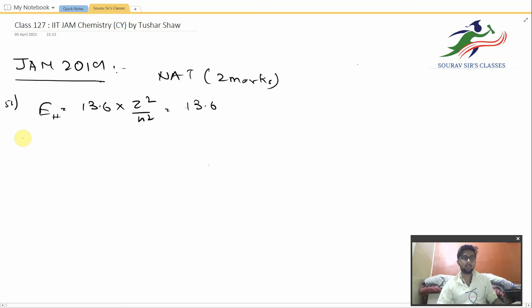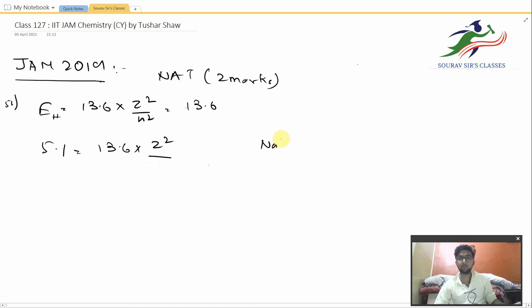Now, in the formula for sodium, it is given that the value is 5.1 electron volt, equal to 13.6 into Z square by n square. We have to calculate Z square, that is the effective nuclear charge. Now what would be the value of n? We are talking about the first ionization energy of the sodium atom.